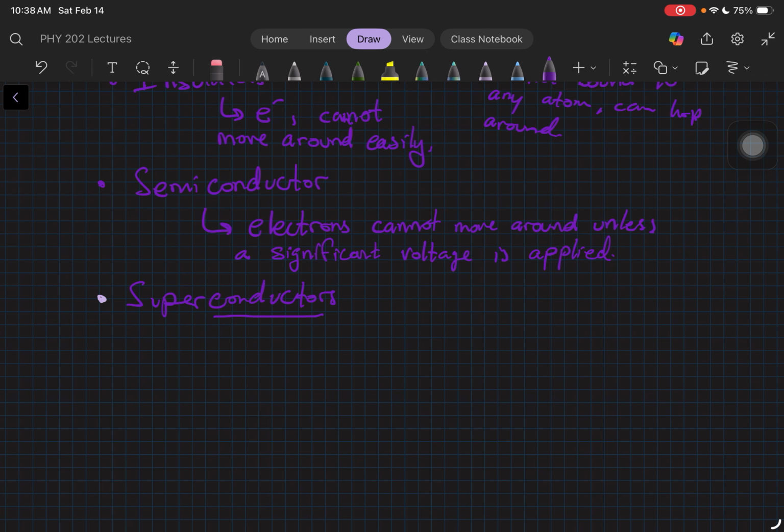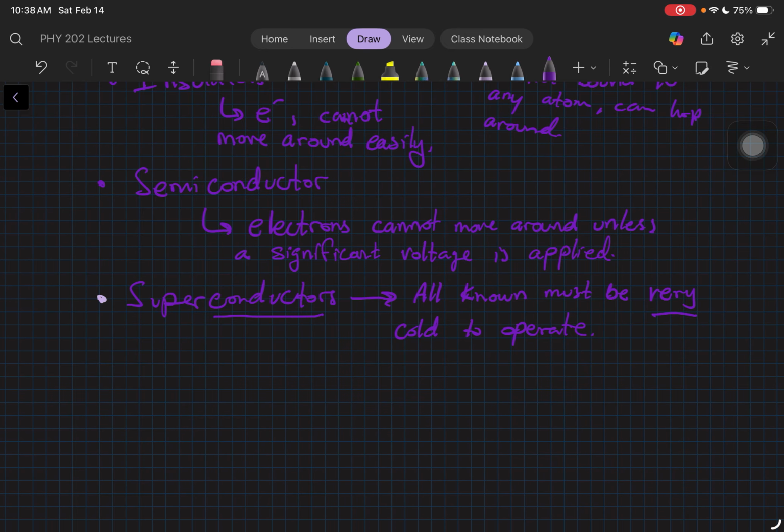So the big issue with superconductors that we currently have is they all have to be extremely cold in order to operate, which we will get into the temperature effects of like resistance in materials later.